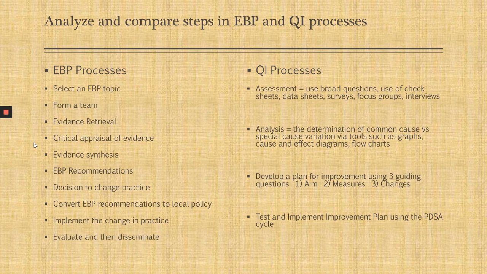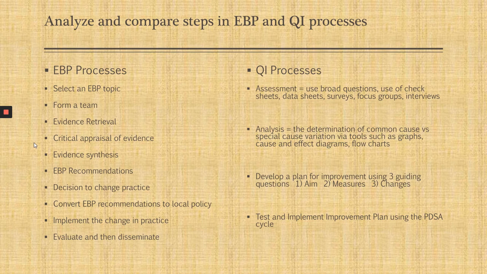Is there a problem? So we look at the process, we form a team under the EBP side. We're certainly going to form teams on the QI side. And we're going to look at evidence retrieval based on that topic. Very, very important. And when we get that evidence, we're going to do a critical appraisal of that evidence.